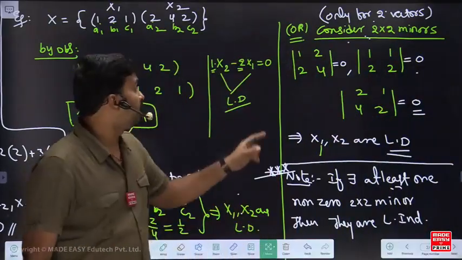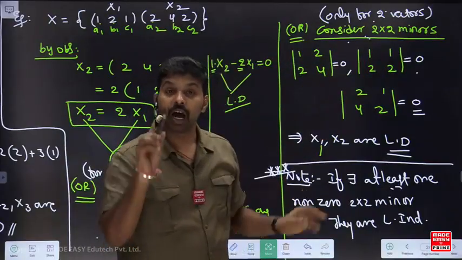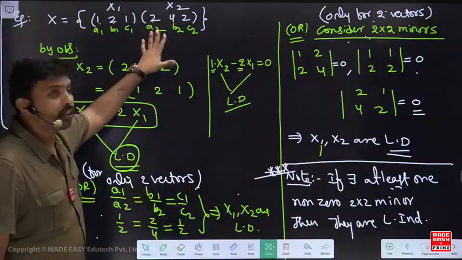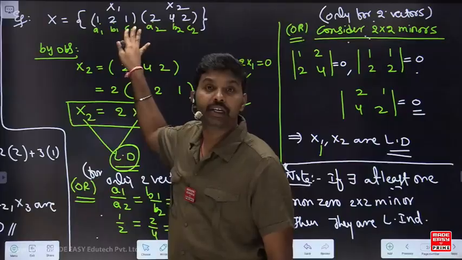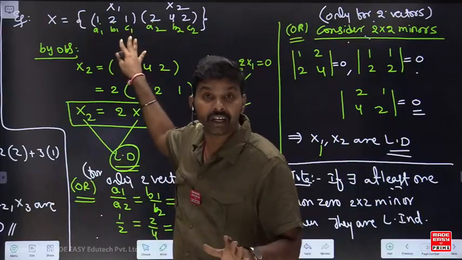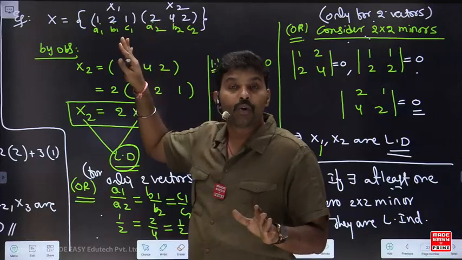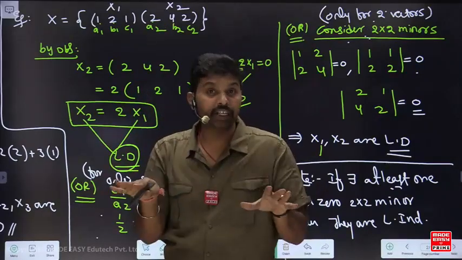I repeated very clearly why I am considering 2 by 2 minors in this case. When I have only 2 vectors of 3 dimension, I cannot have a 3 by 3 determinant here. Since I cannot have a 3 by 3 minor, I cannot decide the linear dependency with a 3 by 3 determinant.